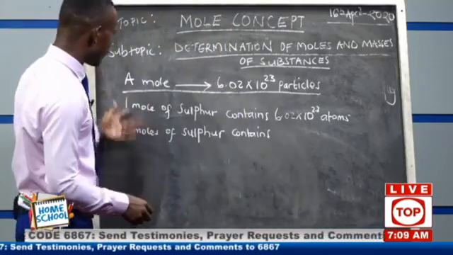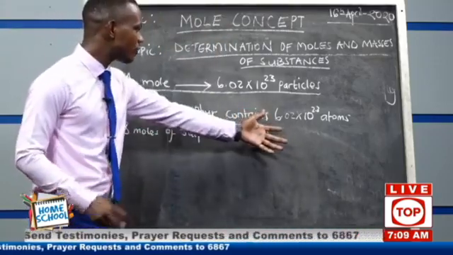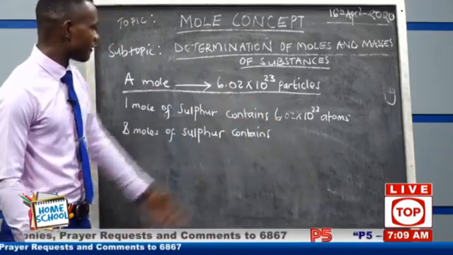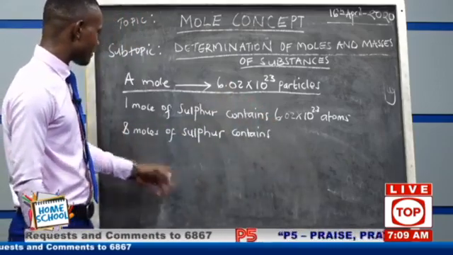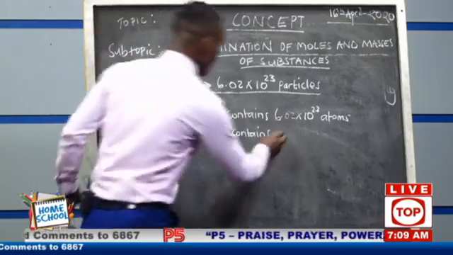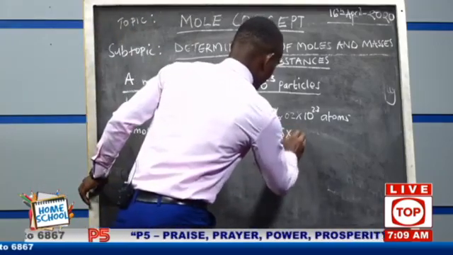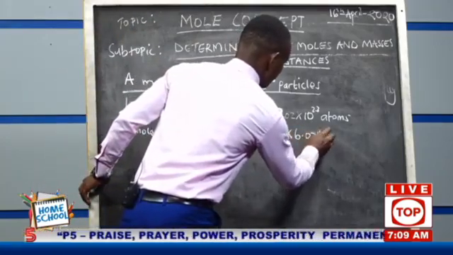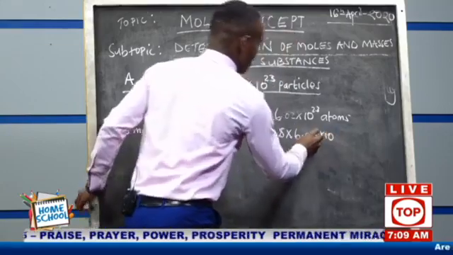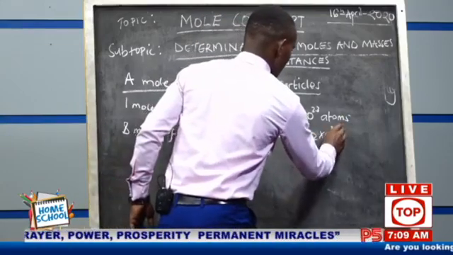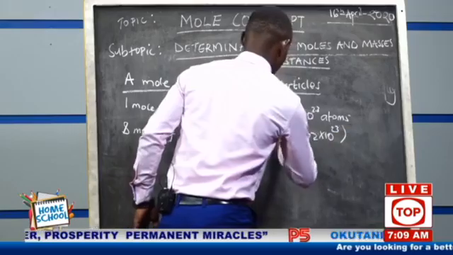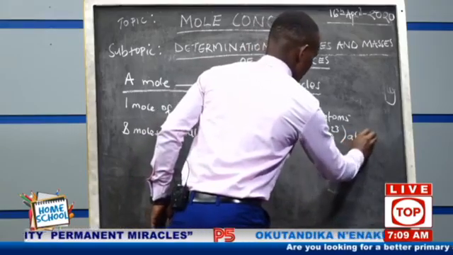We are going to say if 1 mole is containing 6.02 times 10 power 23 atoms, that means 8 moles of sulfur will contain 8 times 6.02 times 10 power 23 atoms.